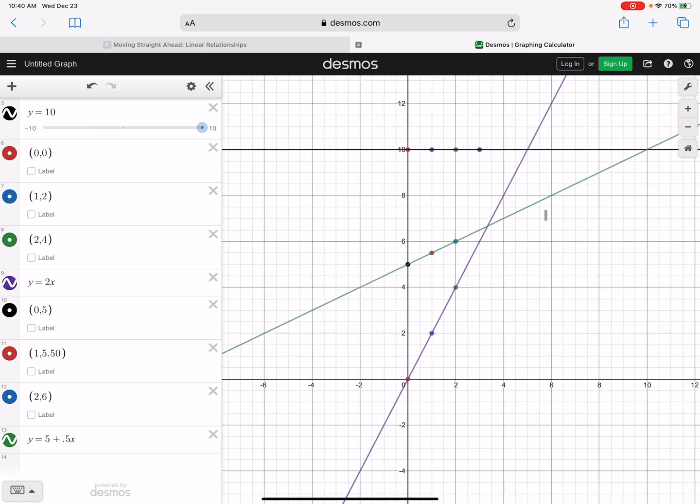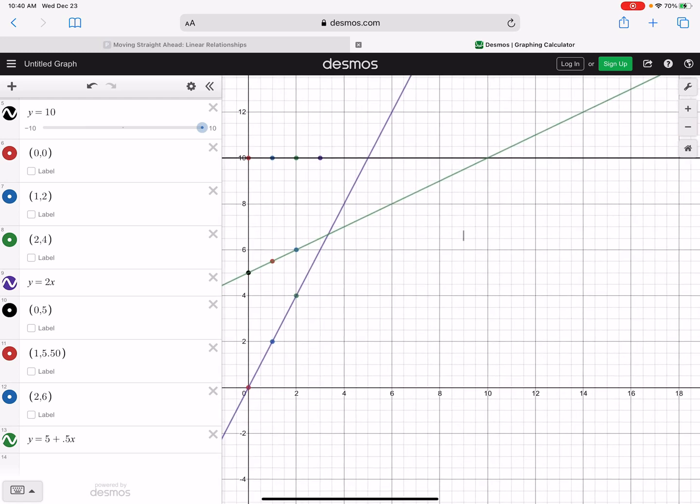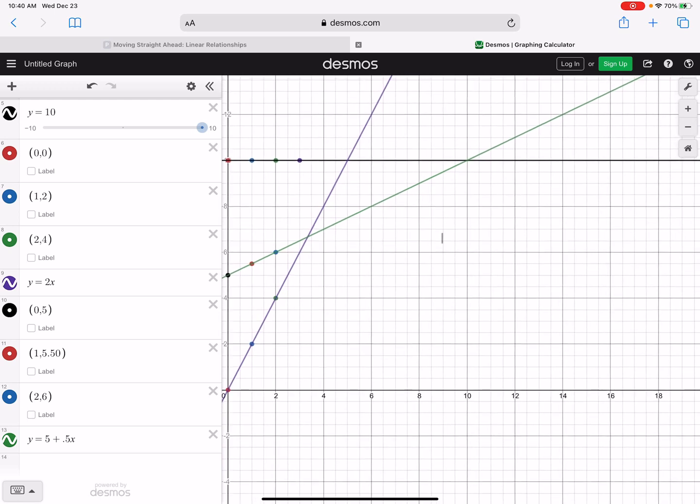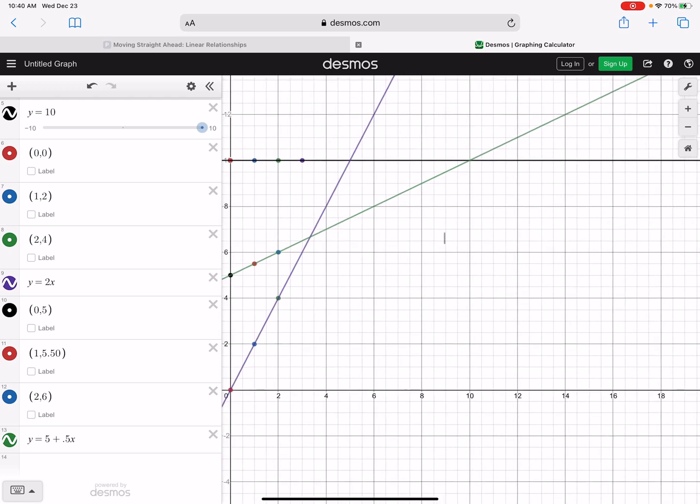We can't have these lines going into the negatives because it doesn't make sense in this context. Everything starting from the y-axis and moving towards the right, staying in the first quadrant. So that's how you would graph this.